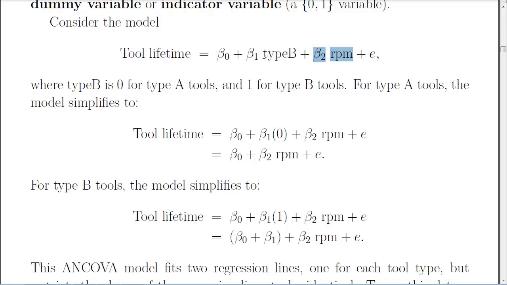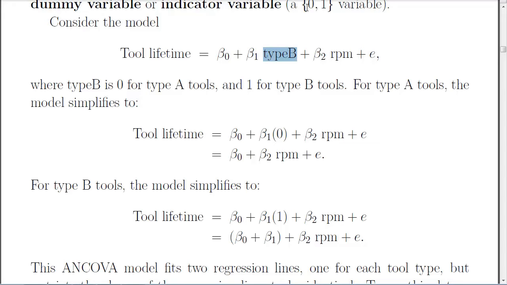And then we have type. And the type, we had tool type A and tool type B. In this notation that I've used here, type B indicates that when the type is B, then this indicator variable will be a 1. When it's type A, this indicator variable will be a 0.